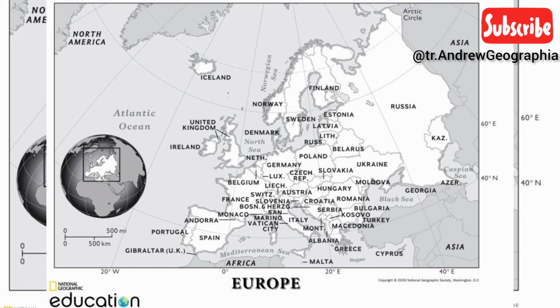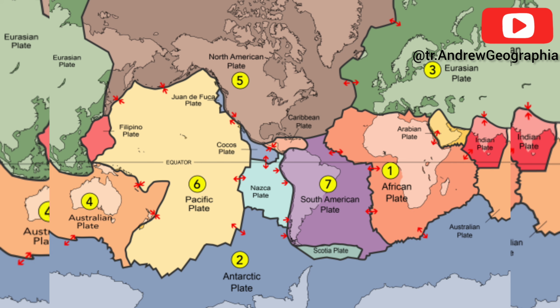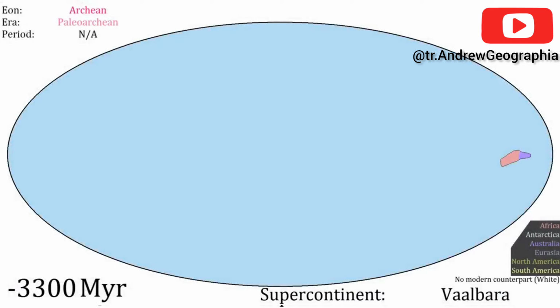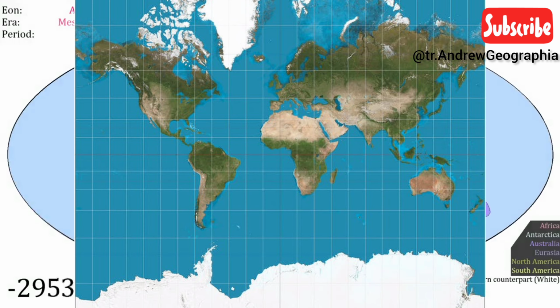The theory of continental drift has been replaced by the science of plate tectonics. This map you're seeing on the screen displays the earlier supercontinent, which was known as Gondwana, that eventually moved to form the continents we see today on the world map.